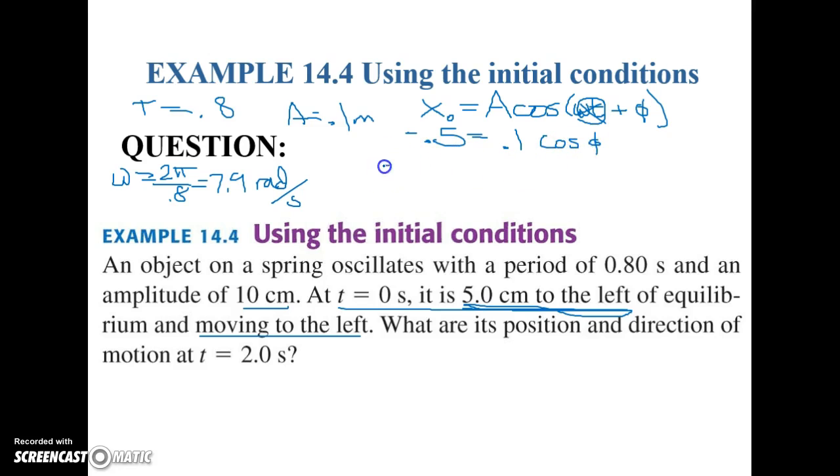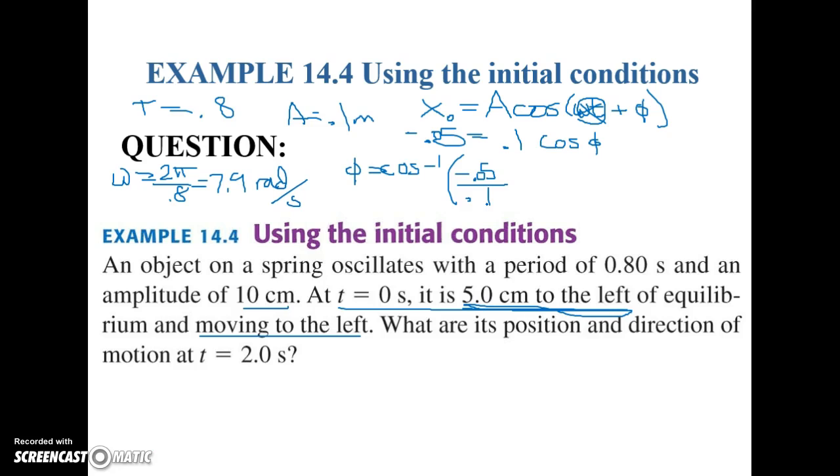So if I want to find the angle, I just take the inverse cosine of negative 0.05 divided by 0.1.